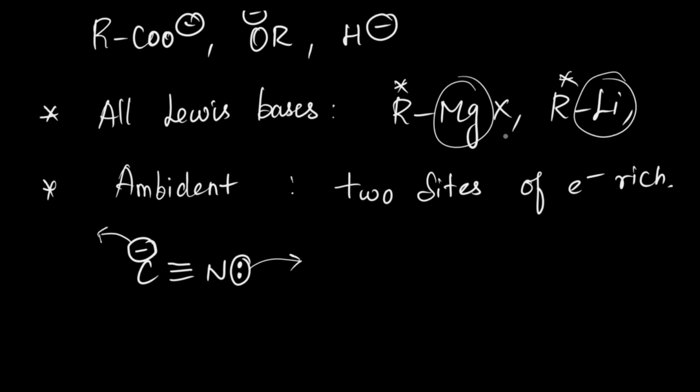If it attacks through carbon, then the product will be a cyanide, and if it attacks through nitrogen, then the product formed will be an isocyanide. So this kind of ambident nucleophile also exists. NH2OH or the nitro group also attack from both sides.